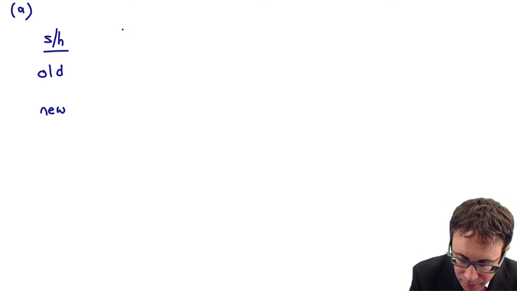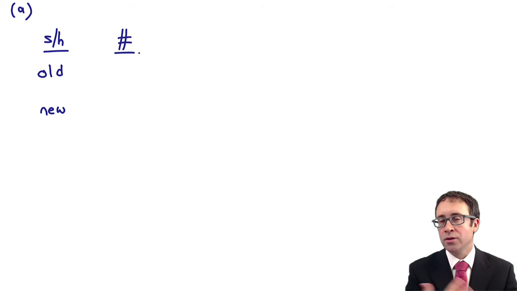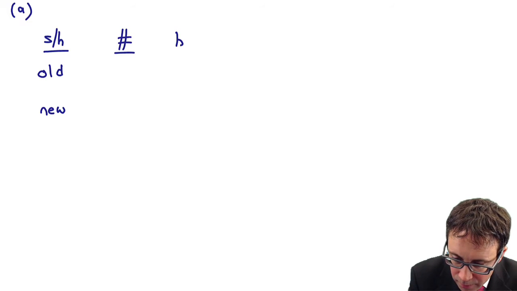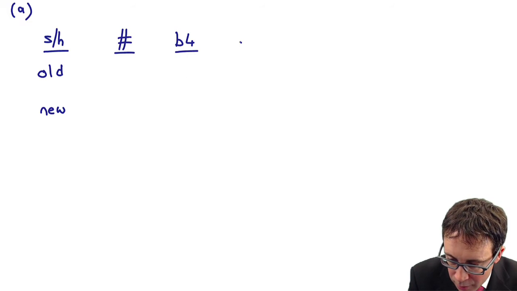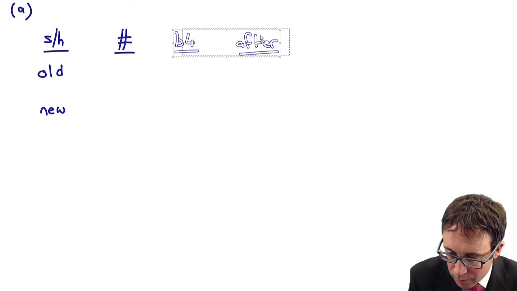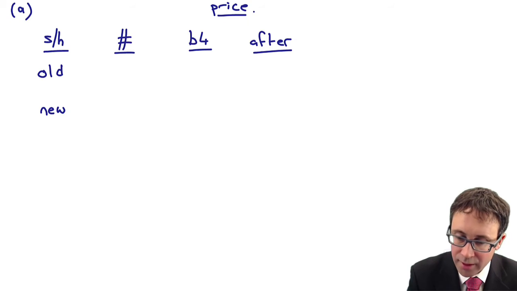In the next column, we're going to look at the number of old shareholders and the number of new shareholders. So how many shares do they own? We're then going to look at the share price both before and after. So that's looking at the price.